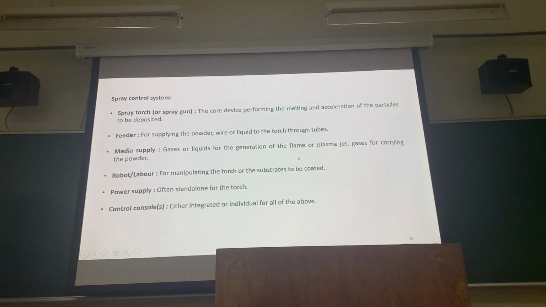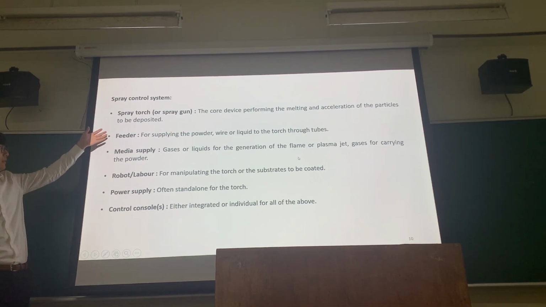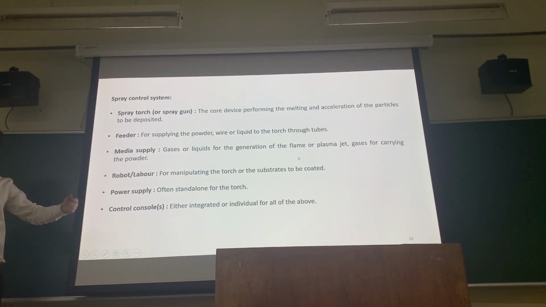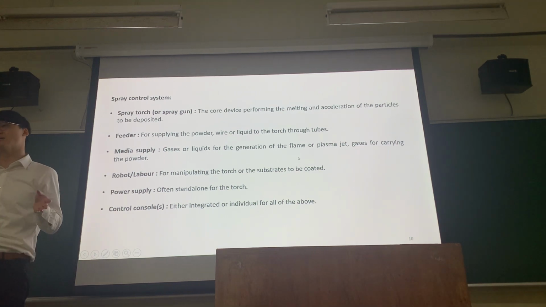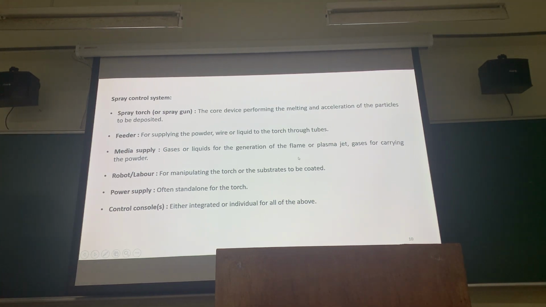The feeder is not limited to powder; it can be wire, it can be liquid, etc. And third is the media. The media supply is normally in gas form, so it can be nitrogen or argon, but it can also be liquid as well. The media helps you transfer whatever the spray coating material is.